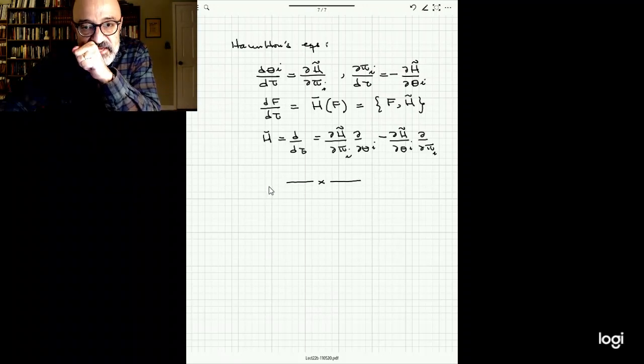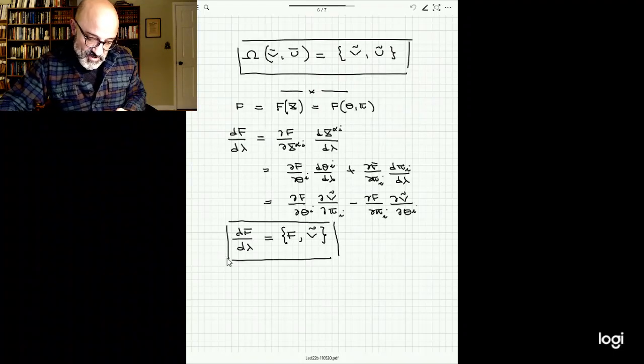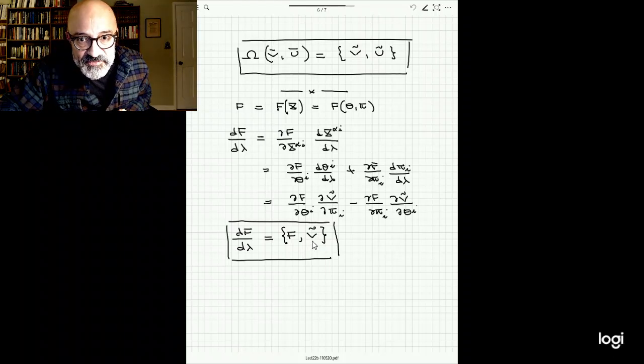But there is one thing here that we have not done properly yet, which is, how do you know which H's to choose? Or even better, how do you know which V's to choose?